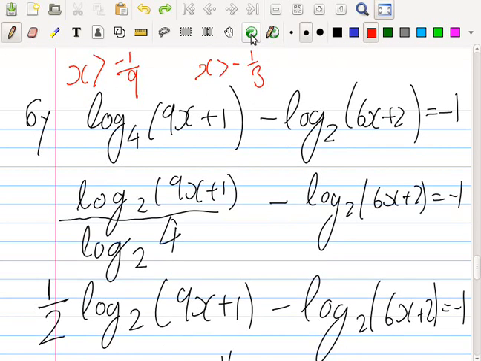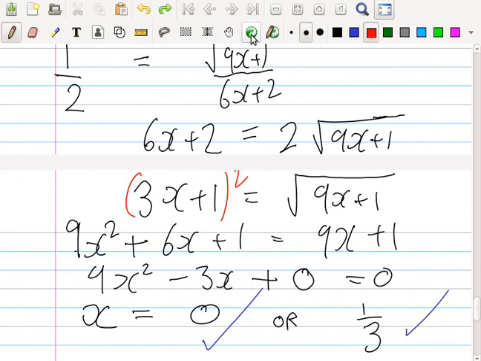Okay, I'll probably have to scroll back to the bottom here. I'll draw it down here.